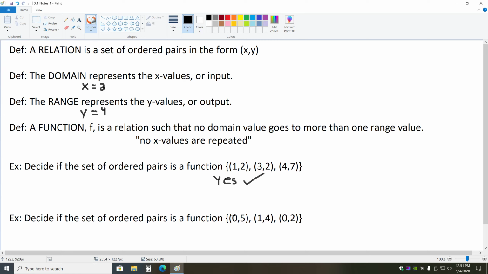Okay, so we have the points (0, 5), (1, 4), and (0, 2). Notice we repeated x equals 0 with different y values. So it's okay to repeat the same point, but because these are different points, this means no, this is not a function.